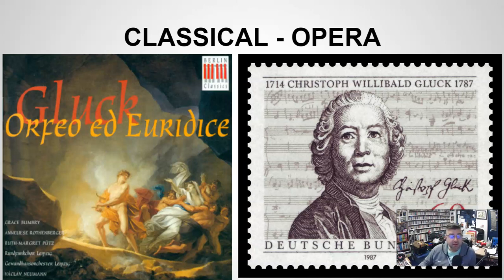One of the conventions that they used, the lead character in this, Orfeo, was played by a castrato. And that is a full-grown man who has the voice and vocal range of a young boy.